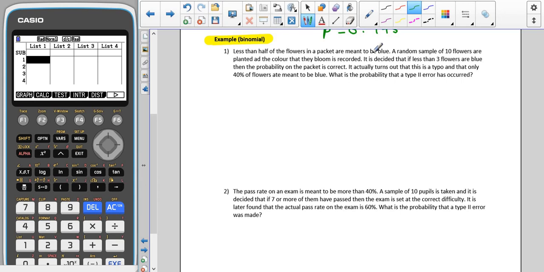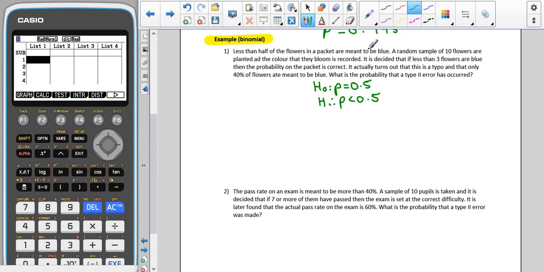For the first example, less than half of the flowers in a packet are meant to be blue. So H0 is that P is 0.5, and H1 would have been that P was less than 0.5 if we were to perform a hypothesis test on this.